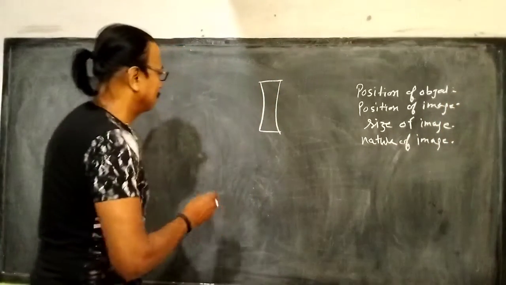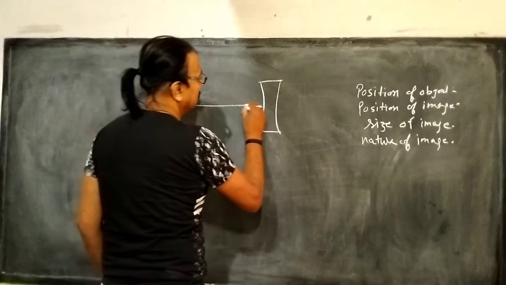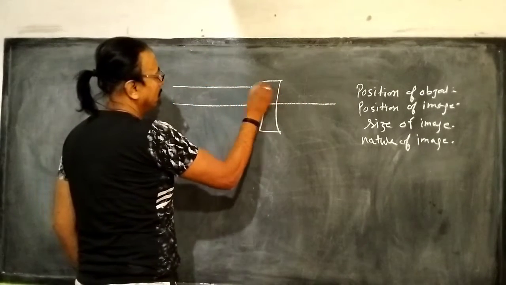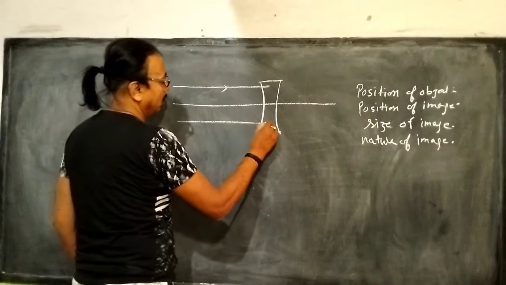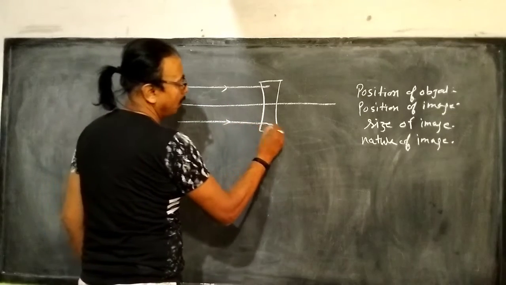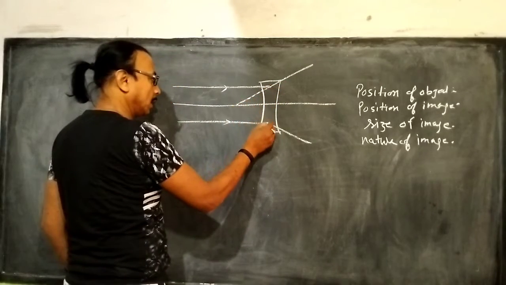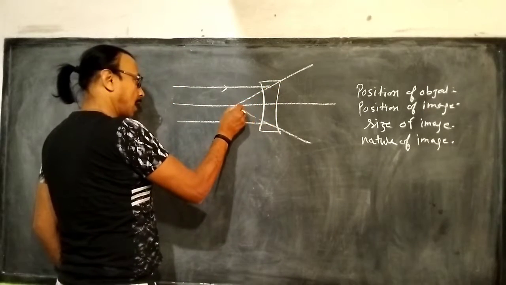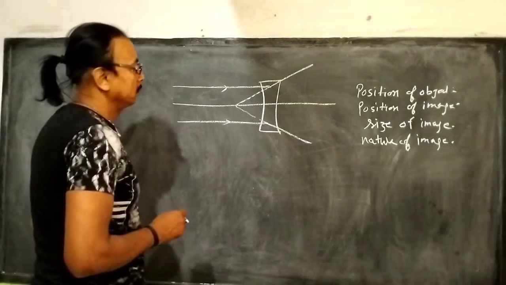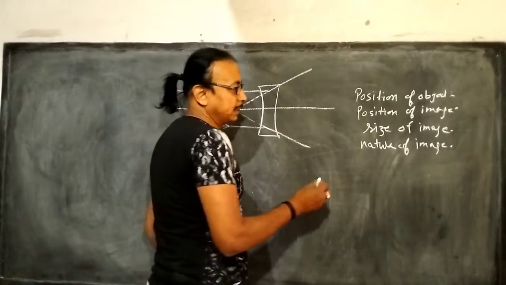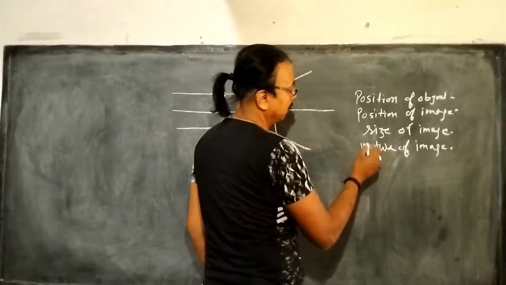There are only two cases. First, when the object is at infinity, the image is formed virtual and erect at the focus, and it is a point-sized or very small image.